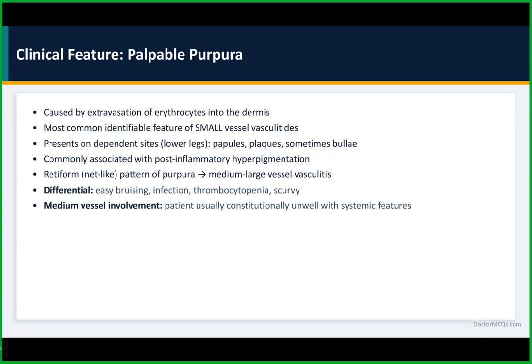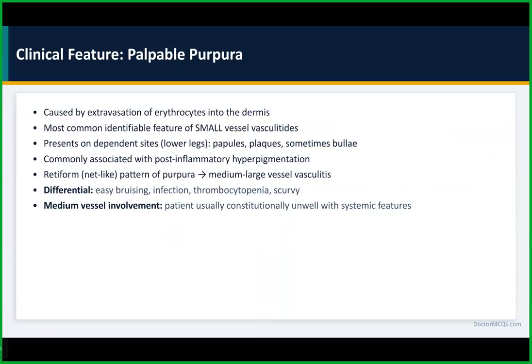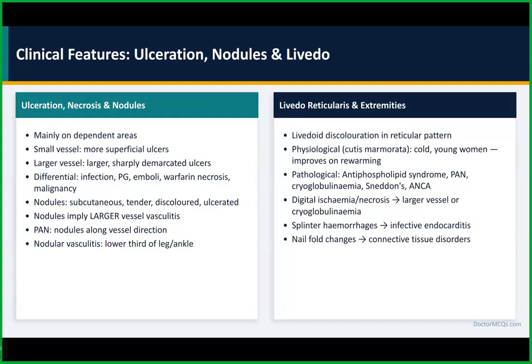Differentials can be many other things like easy bruising, hematological causes, or infection like cellulitis. It could be a blood disorder like thrombocytopenia, or scurvy, especially vitamin C deficiency. So it's important to know what kind of manifestation it is. Small vessel disease could be localized or systemic, but as you go from medium to large vessels, it will definitely have systemic features.